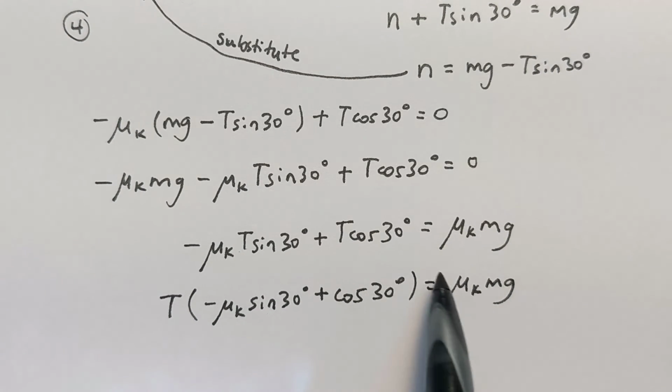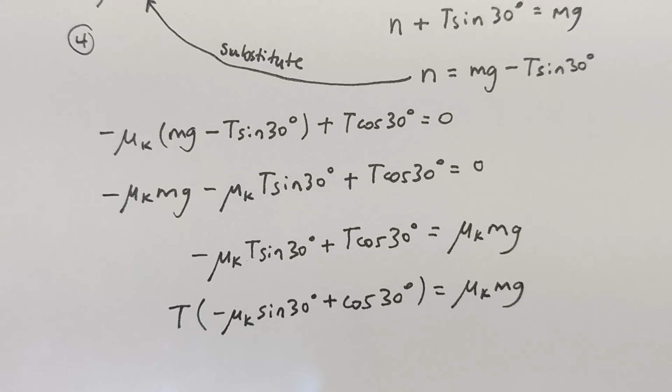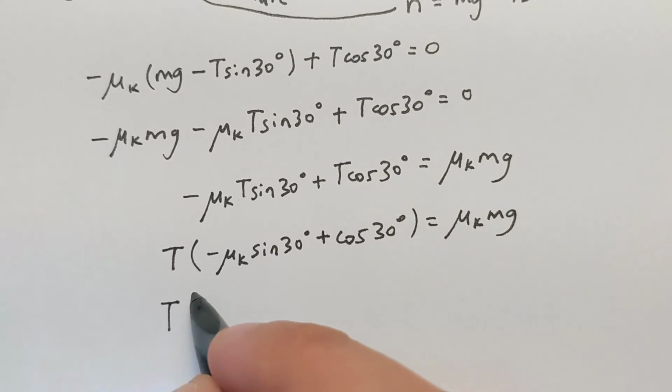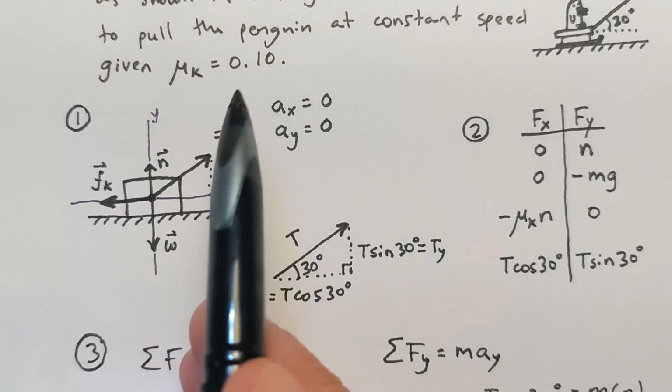Okay, I actually know a lot of these things, so let me start substituting in values. So tension, open parentheses, negative mu k, the coefficient of friction, we were told is 0.1.